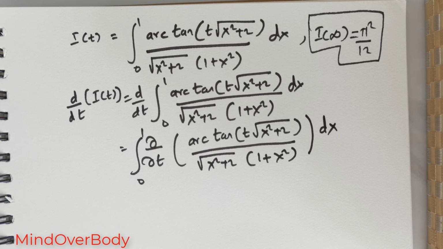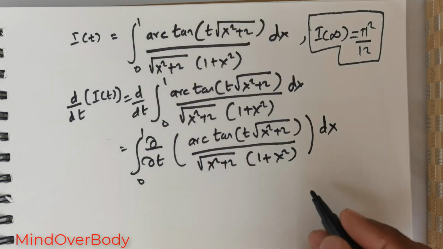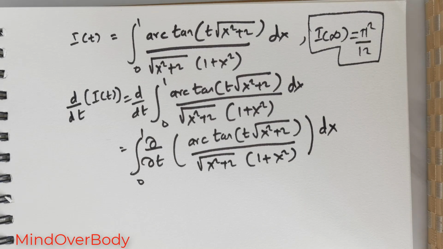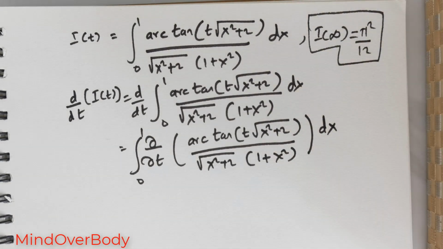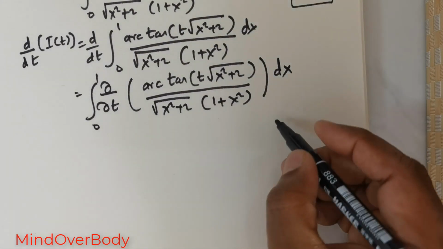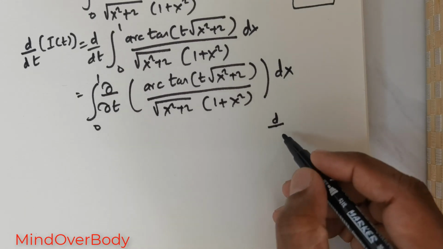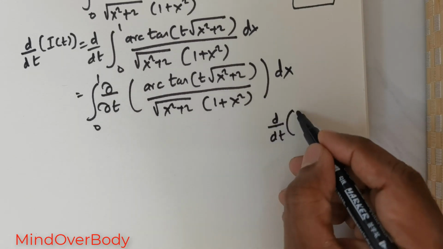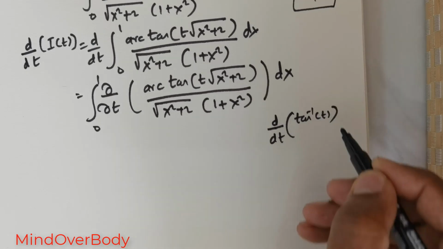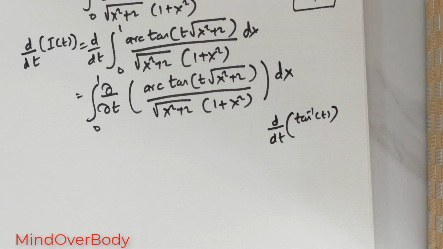Now you will have to differentiate tan inverse. Arc is nothing but tan inverse, right? So the differentiation has to be performed for tan inverse of t. So what is the derivative of tan inverse of t? You have to know this. If you want to differentiate d over dt of tan inverse of t, what do you get?